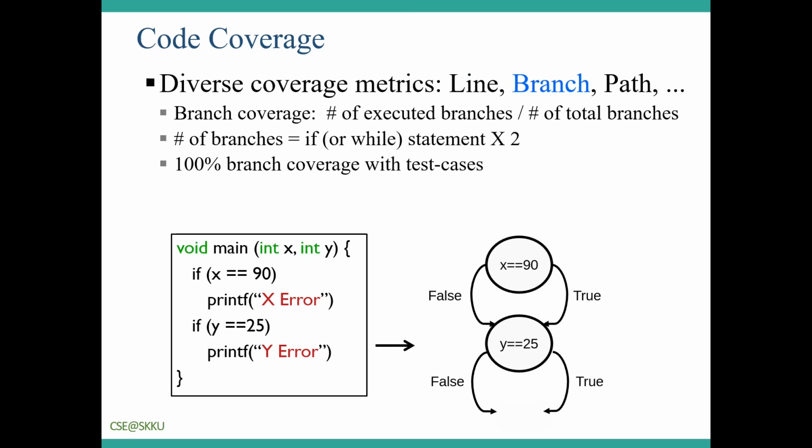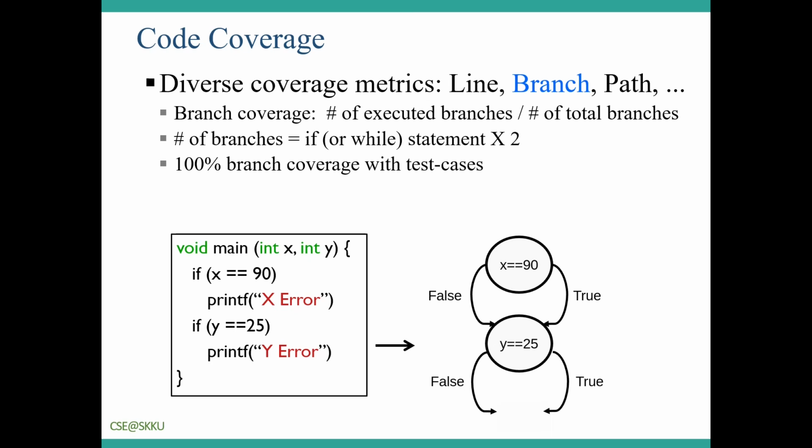Now the second metric, branch coverage, is a bit more fine-grained than line coverage. Branch coverage is calculated by counting how many conditions have been exercised. As you might recall, each if or while statement introduces two branches, one for true and one for false.